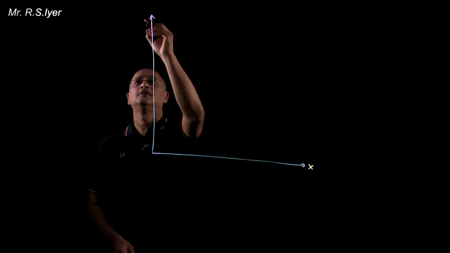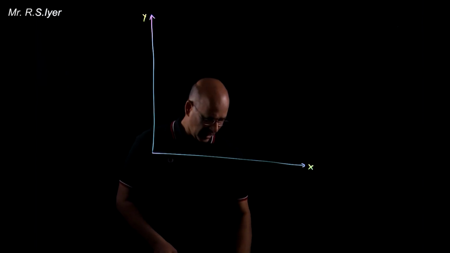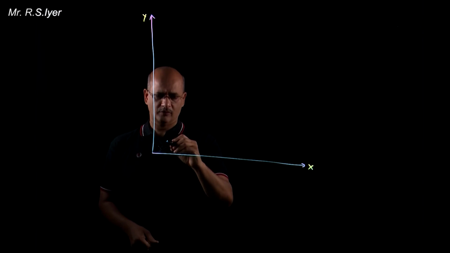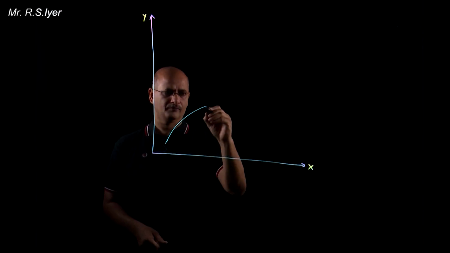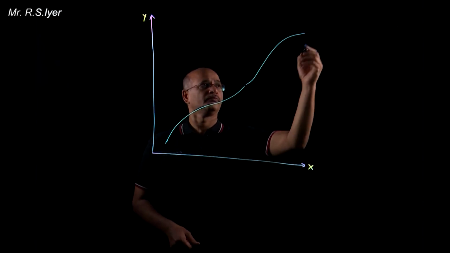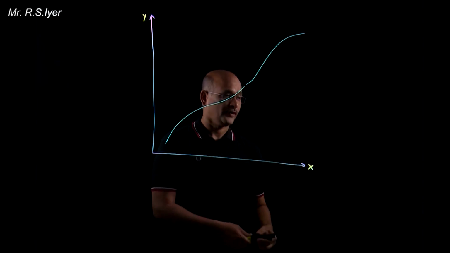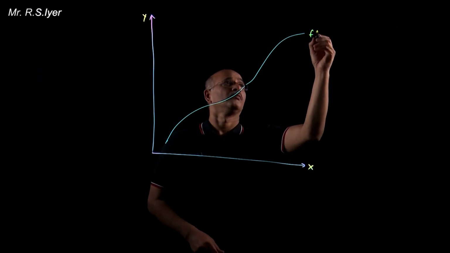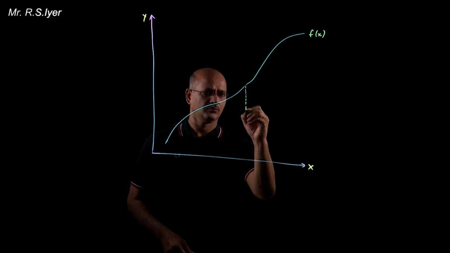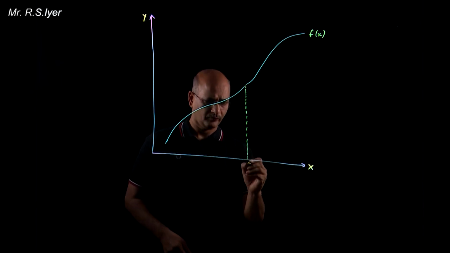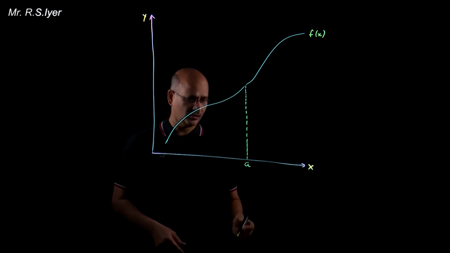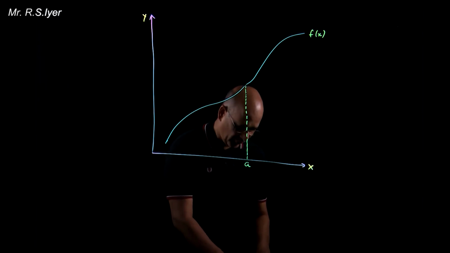X axis, y axis. I am just drawing a curve for your information. For example, this is f of x, okay, and at this point I am discussing the continuity of this function, at this point A. Fine.